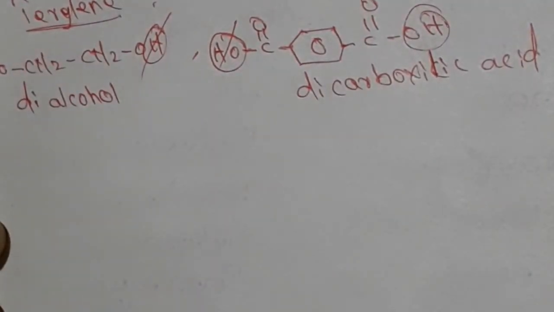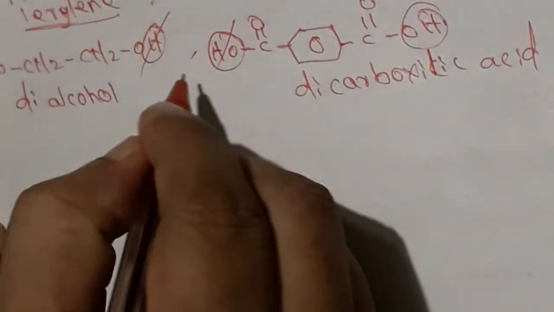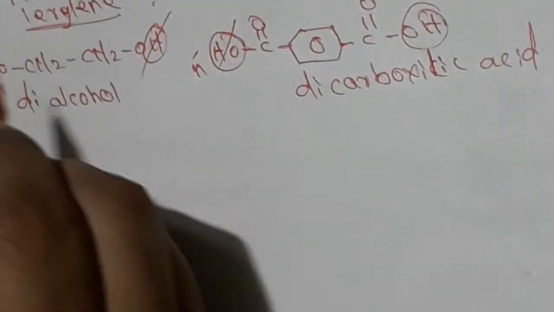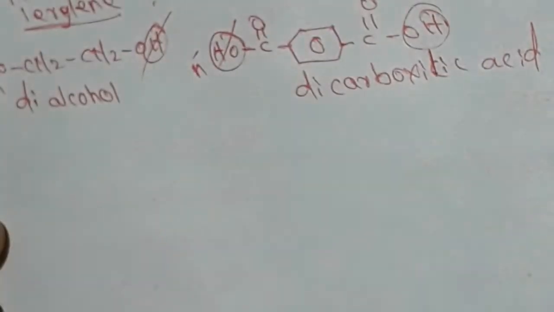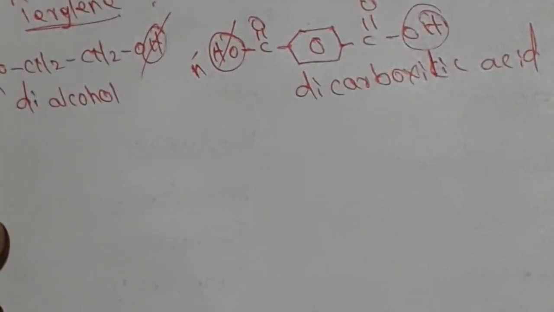And it is not a single molecule, it is a polymer. Terylene is a polymer. Many molecules of dialcohol and many molecules of dicarboxylic acid join to form a long chain polymer. It is a long chain, not a single molecule. Okay.